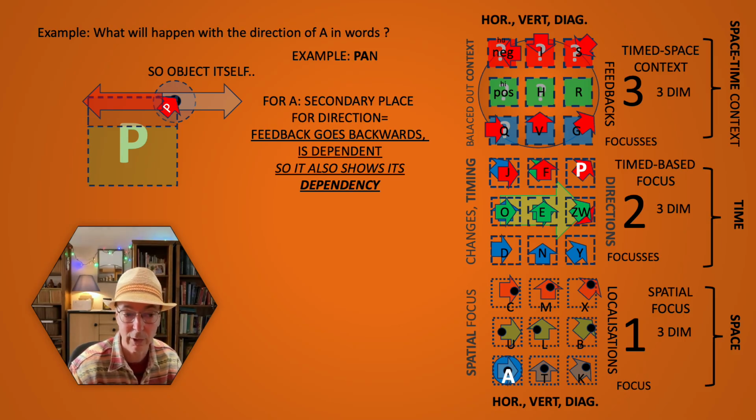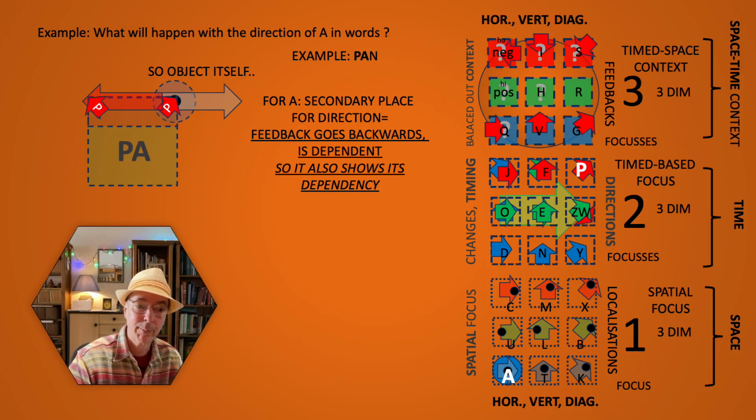So it will also lead the direction of A, but because it comes later, it will have to look to the before, or look backwards. It will have to show its direction backwards there as well, and there will be the region of P, or Pa.